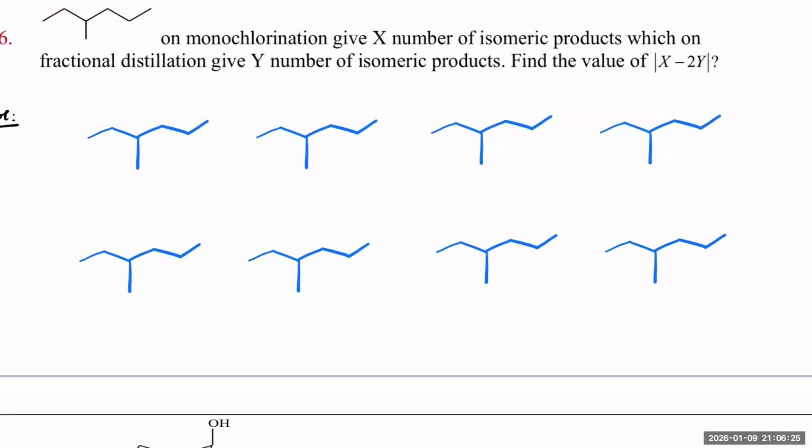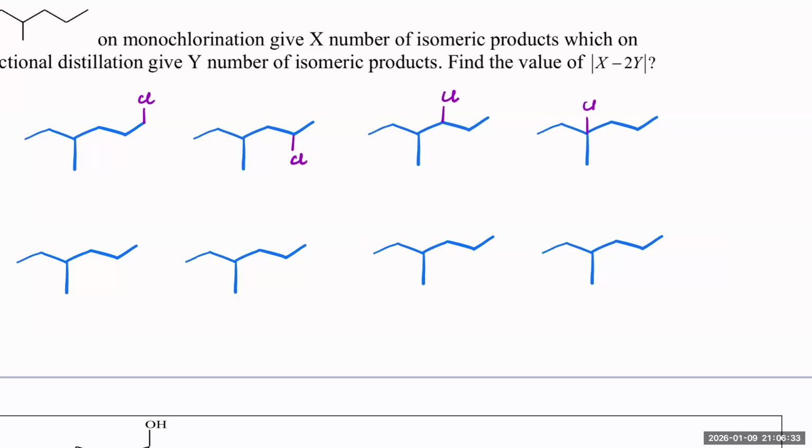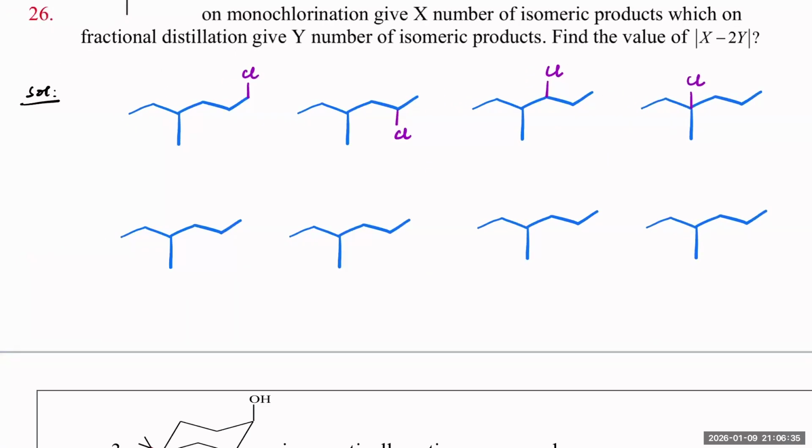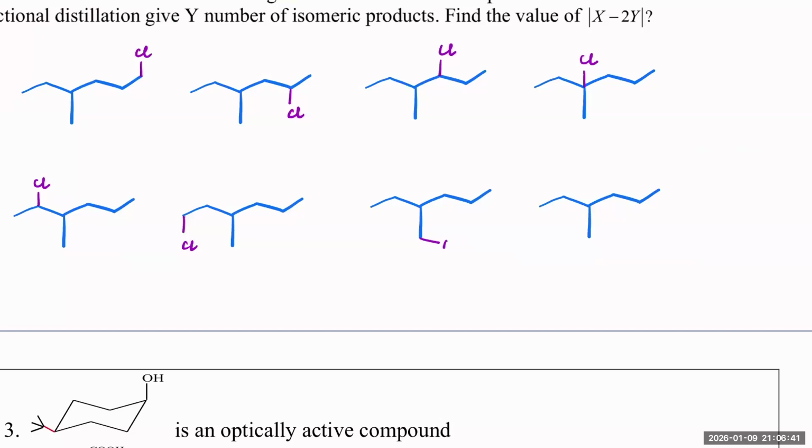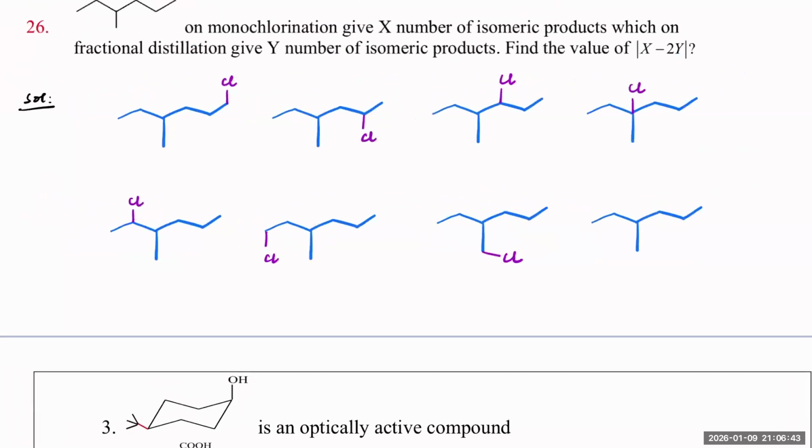So first, starting with one chlorine here, one chlorine here, one chlorine here, one chlorine here, and one chlorine here, one chlorine here, and then one chlorine here. Correct?